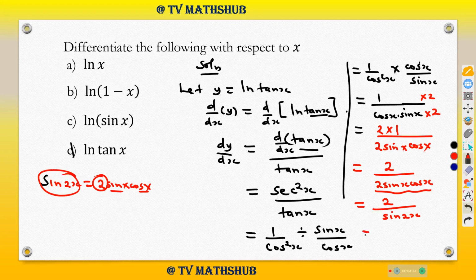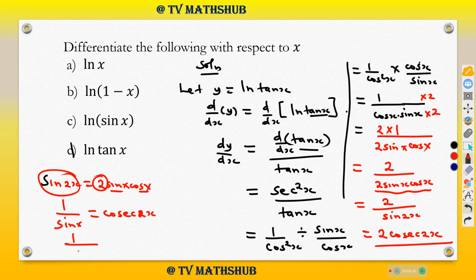So we can still say this is 2 cosec of 2x, because we understand that 1 upon sine of 2x will be cosec of 2x. So that is basically what we are having.